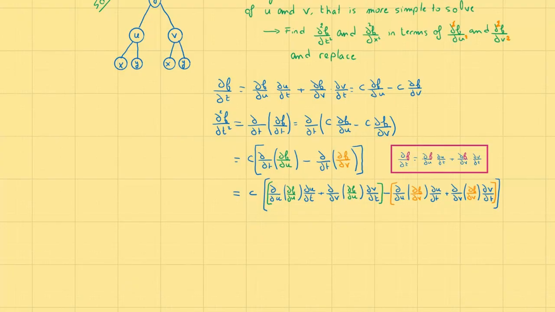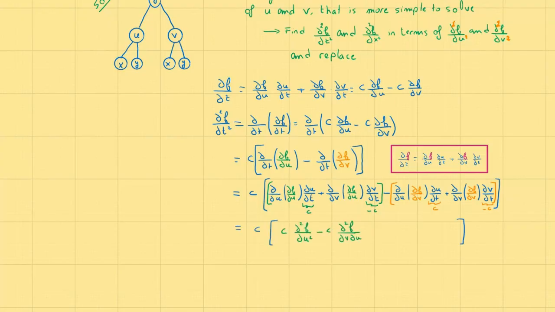So I have now this complicated differentiation. Now of course I know that du over dt is equal to c, dv over dt is equal to minus c, and that d over du of df over du is d2f over du squared, d over dv of df over du is d2f over dv du, and so on.